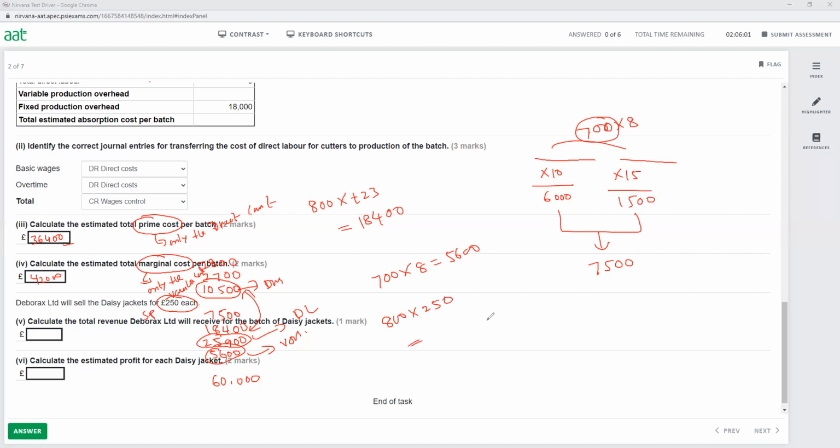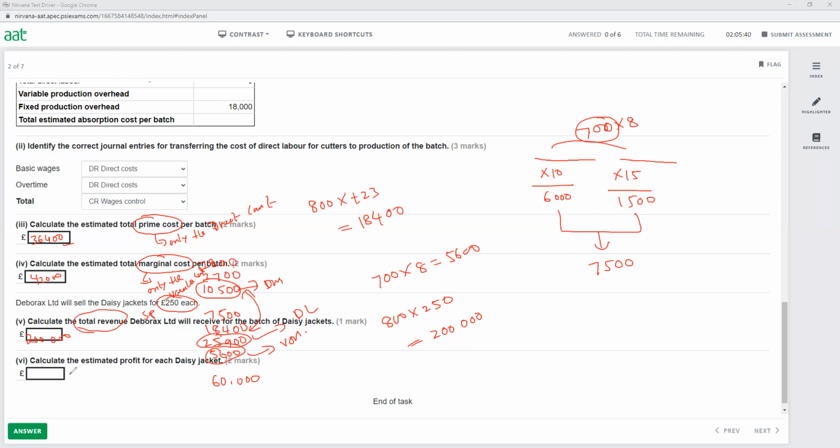So 800 times 250 gives me 200,000. So my sales revenue will be 200,000. That's the total revenue.